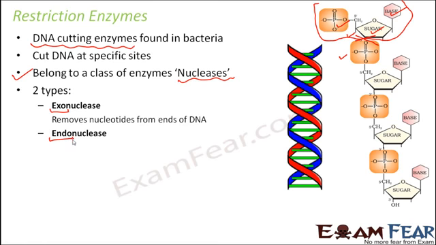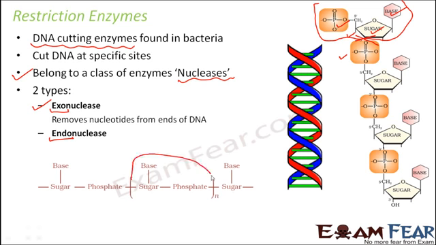So exonuclease is any enzyme which removes nucleotides from the ends of DNA, that is, from the outer portion or the exterior side. In DNA you have sugar, phosphate and base, and this part together forms one nucleotide. Again sugar, phosphate and base forms another nucleotide.